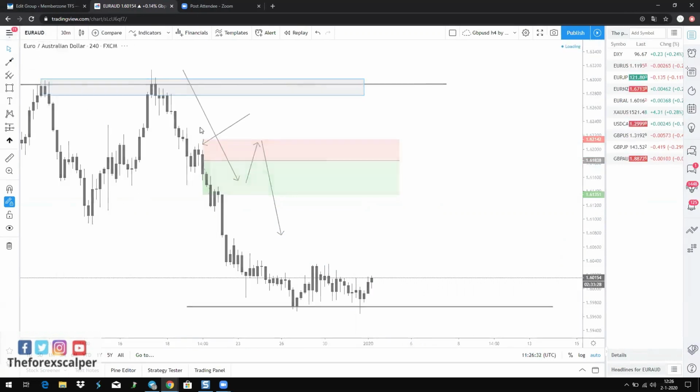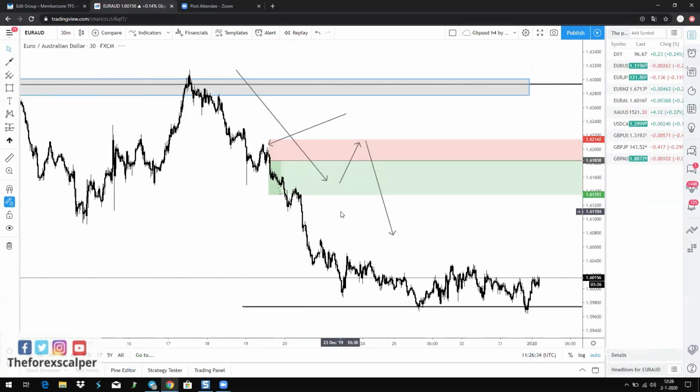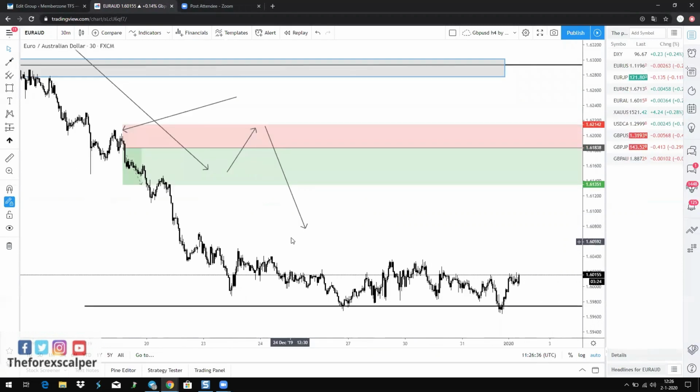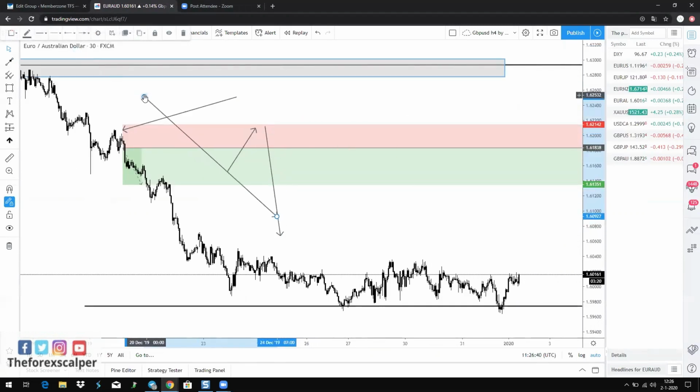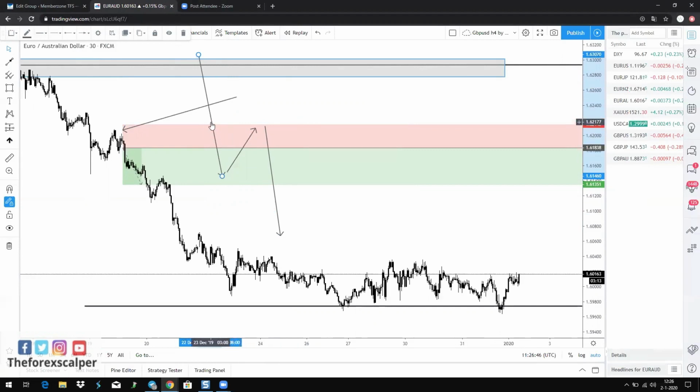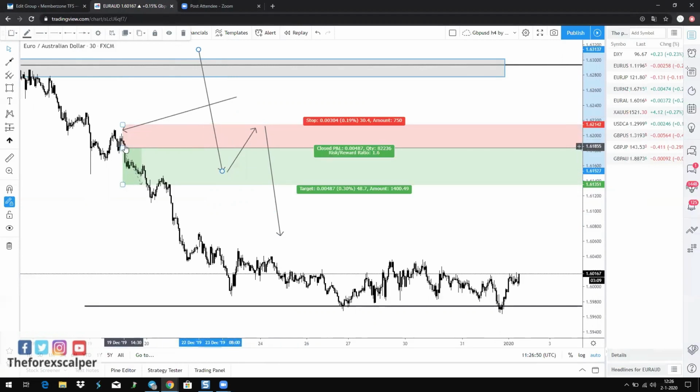Let's move to the lower time frames to give you a better idea. Because you can spot the waves better on the lower time frames for execution. Right here, more than likely you enter somewhere right here.